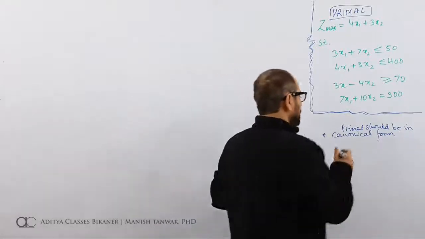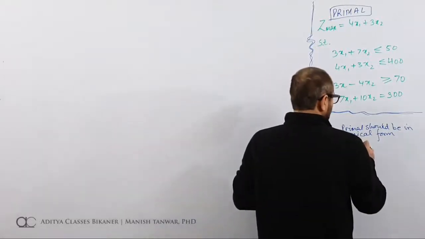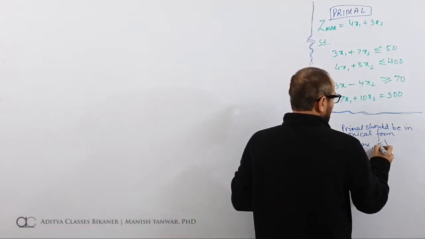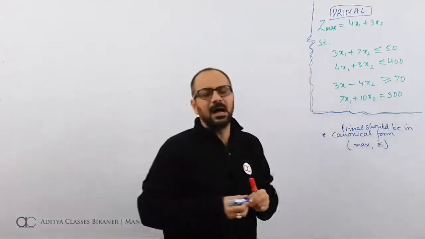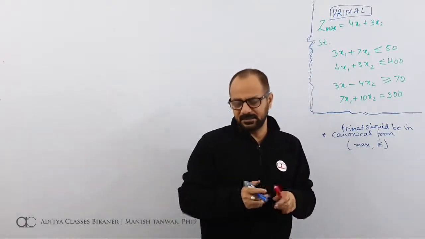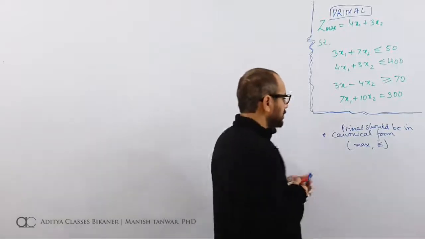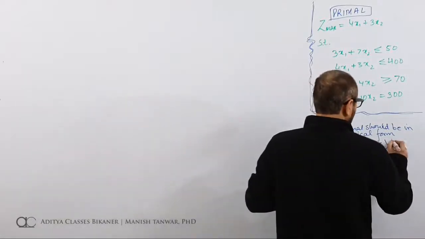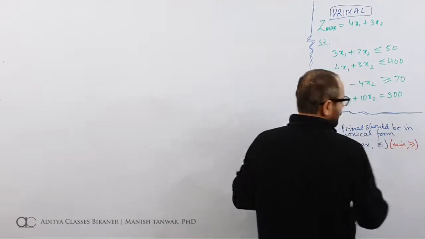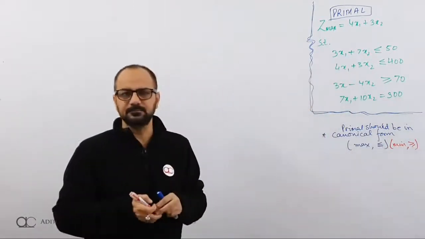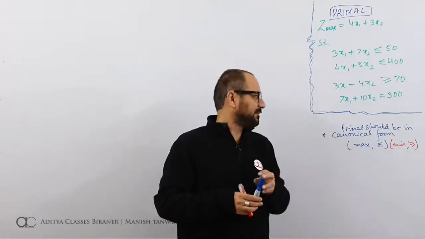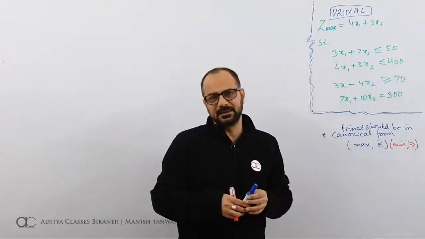What is canonical form? Ideally, it should be max with everything being less than. What is also accepted is min with everything greater than. So either it should be a max with all less-than inequalities, or a min with all greater-than type inequalities.